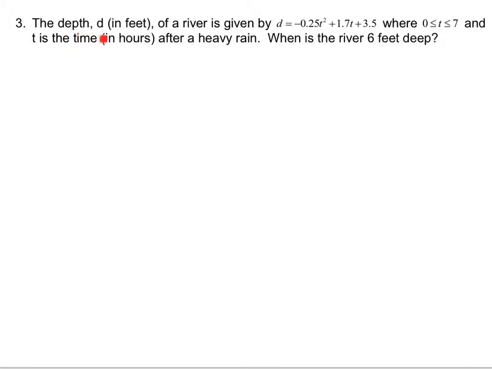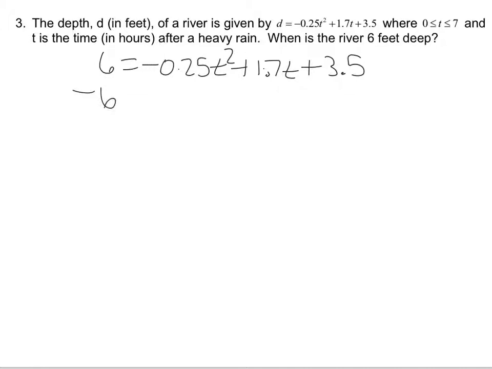It says the depth d in feet of a river is given by d equals this, where t is between 0 and 7. So the time is between 0 and 7 hours of heavy rain. When is the river 6 feet deep? Okay, so 6 equals negative 0.25t squared plus 1.7t plus 3.5. So get it equal to 0.